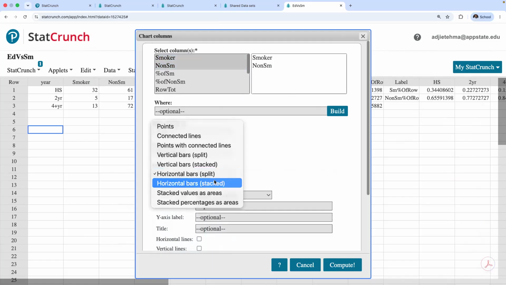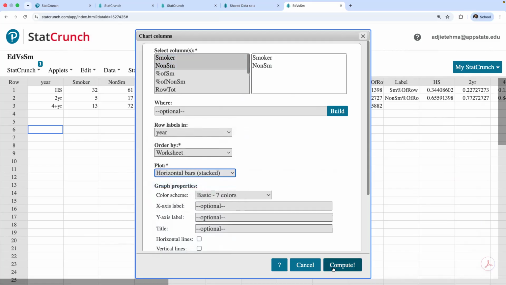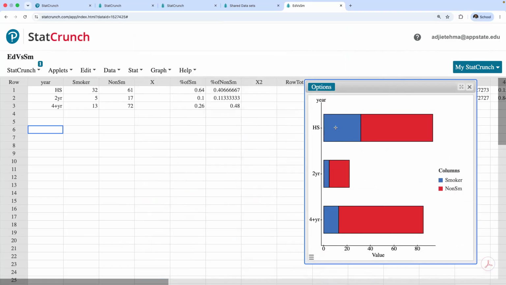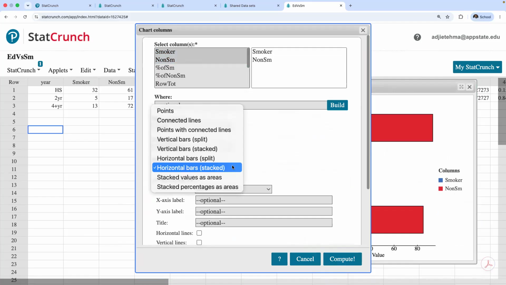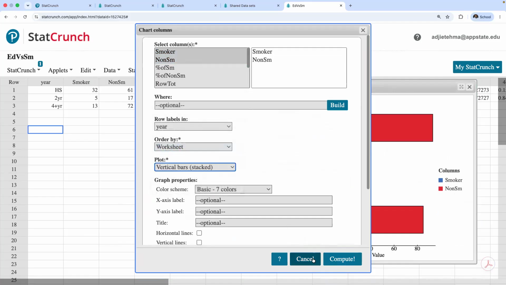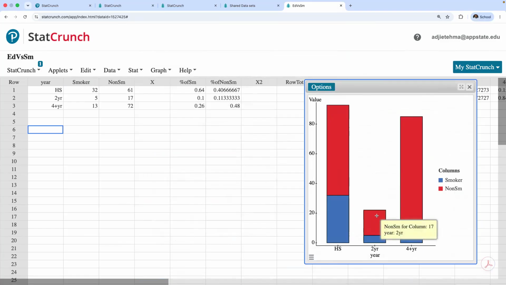You could also get vertical bars stacked. If you do this, you see this is horizontal. That's why usually I prefer vertical bars. This is horizontal. You could look for vertical bar stacked, and then it shows it this way. Is that okay?